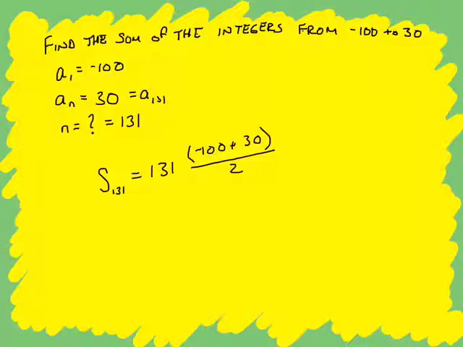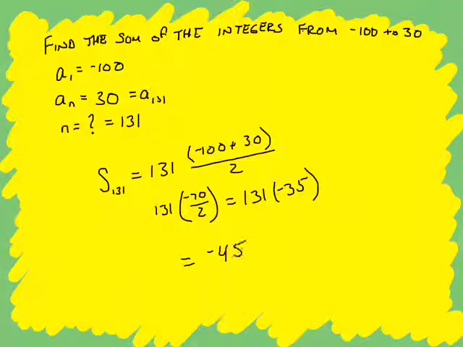So what do we end up with? We end up with 131 times negative 70 over 2, or 131 times negative 35. Now, if you punch that into a calculator, you'll find that that is negative 4,585.